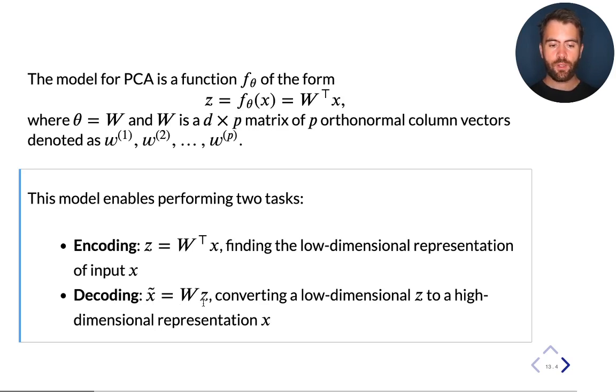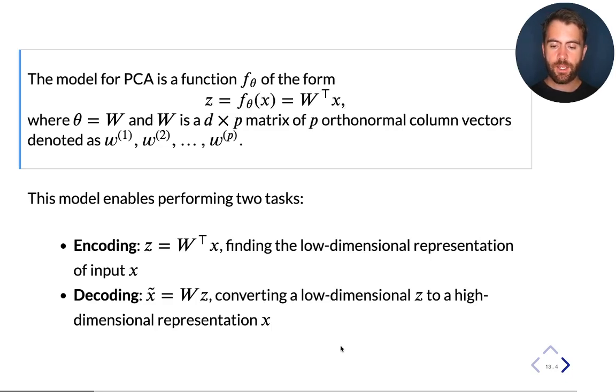So in other words, we can perform this operation to recover a high-dimensional approximation of this point based on its low-dimensional representation. And again, just to summarize, this is the model that is defined by PCA.